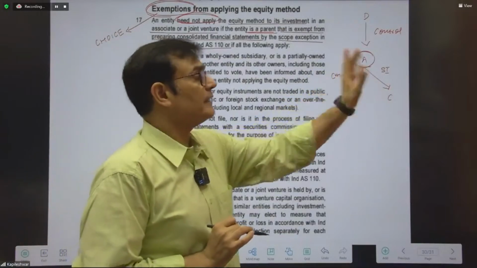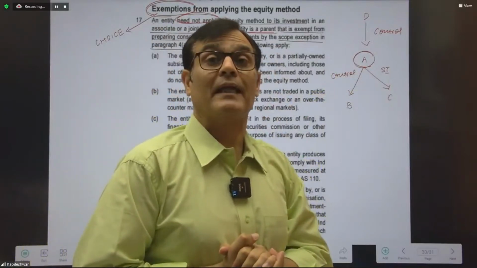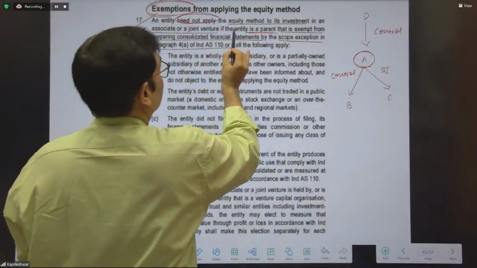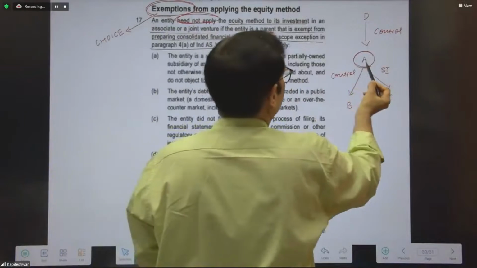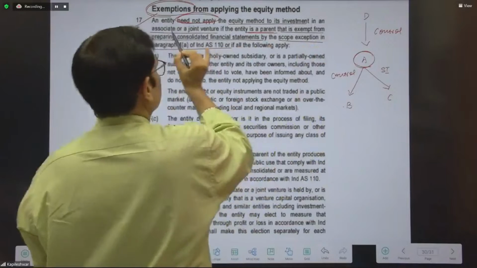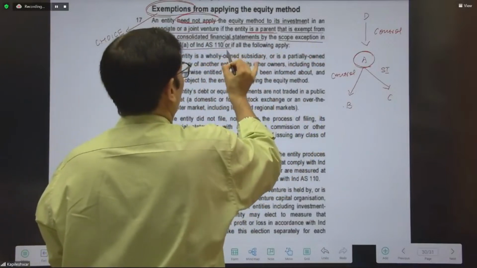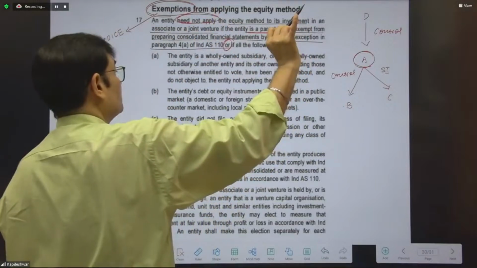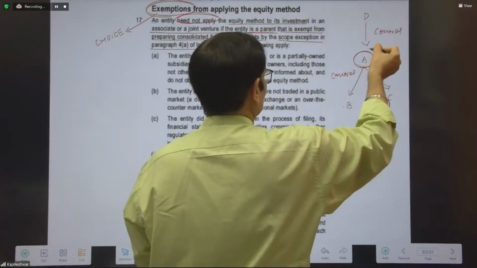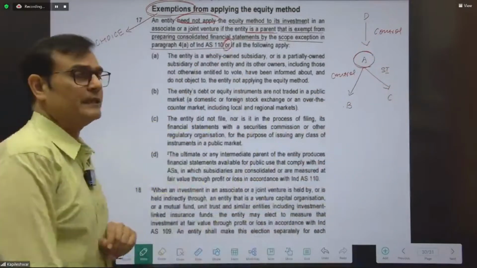So A would also get an exemption from applying the equity method to C under Ind AS 28, para number 17. He says very clearly, if the entity is a parent, so A is a parent of B, and is exempt from making consolidated financial statements by virtue of para number 4A of Ind AS 110, then A also gets an exemption under Ind AS 28, para number 17.